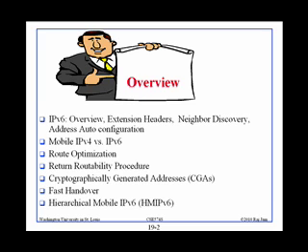In particular, we'll talk about the extension headers, neighbor discovery, and so on and so forth. Then we go into what is the difference between mobile IPv6 and v4. And then there are 3 or 4 things which are unique to v6.